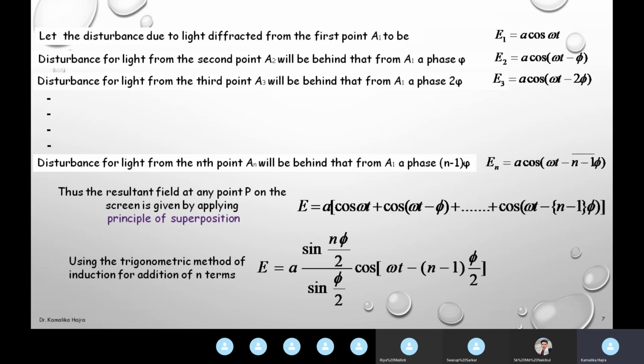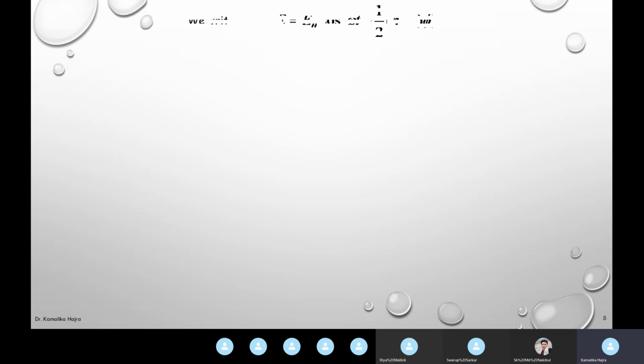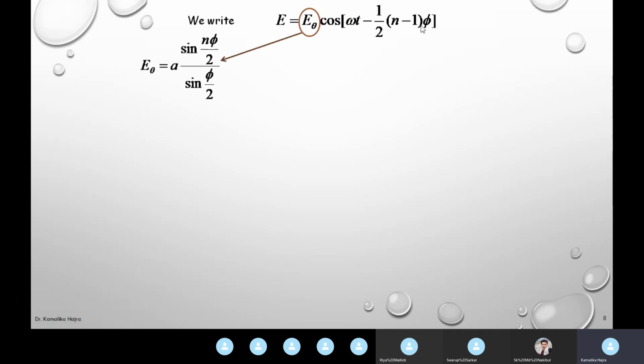So clearly we can now write the field E as E theta cos of (omega t minus half (n minus 1) phi), where E theta is the expression A sine n phi by 2 by sine phi by 2, which, although a sinusoidal term, is not a function of time.